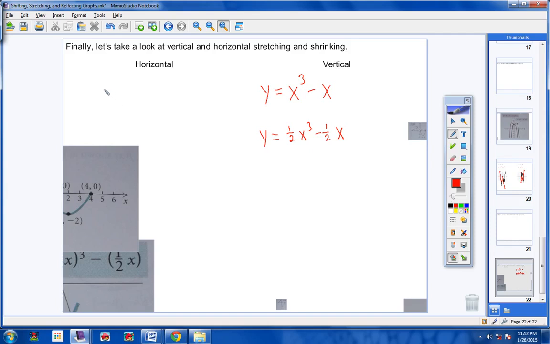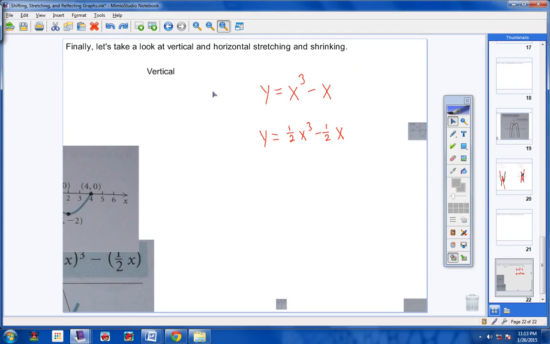If I would have, it would have looked like 1/2 x, parentheses, cubed, minus 1/2 x. That's not what I have. When you multiply the function by a number times each term, but not directly to the x, just times the coefficient of each term, you have a vertical stretch or shrink. One of those two.